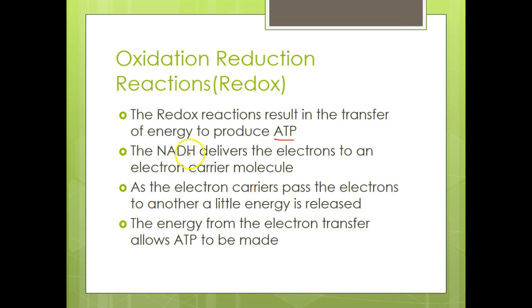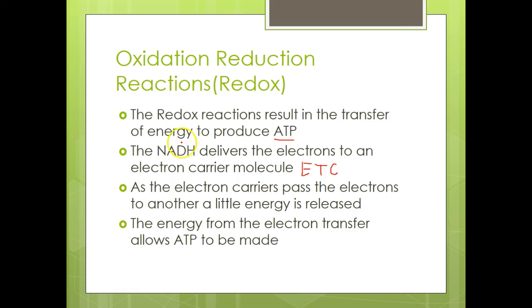Okay, so NADH delivers the electrons to an electron carrier molecule, which usually is the electron transport chain. As the electron carriers pass the electrons to another, little energy is released. Okay, we're only going to release a little bit of energy, which is important because we want to store as much energy as we can. And the energy from the electron transfer allows ATP to be made.